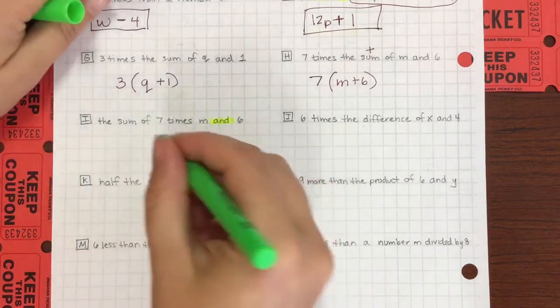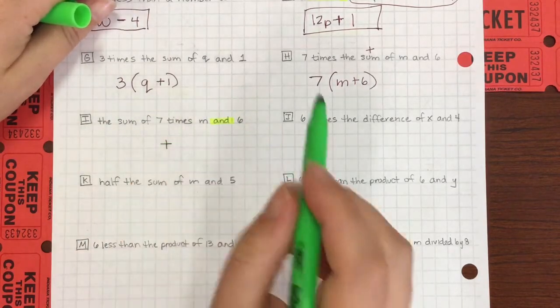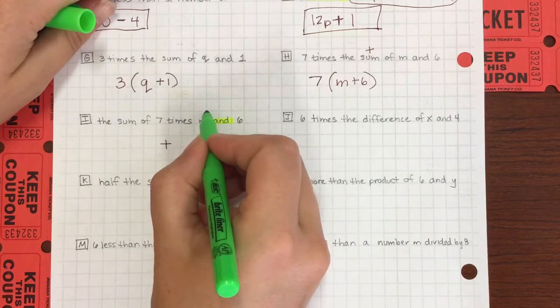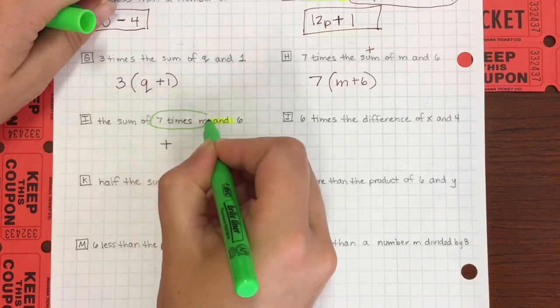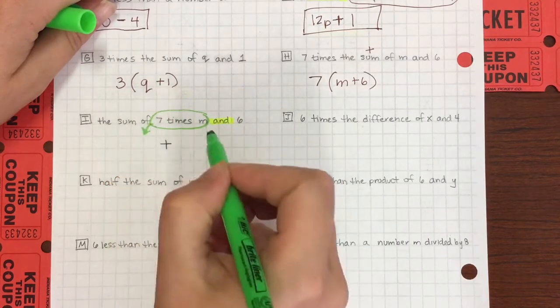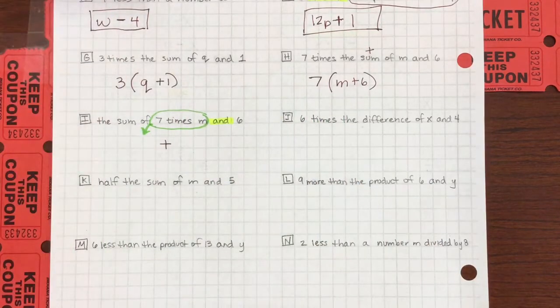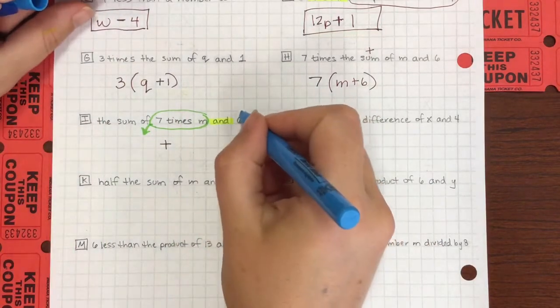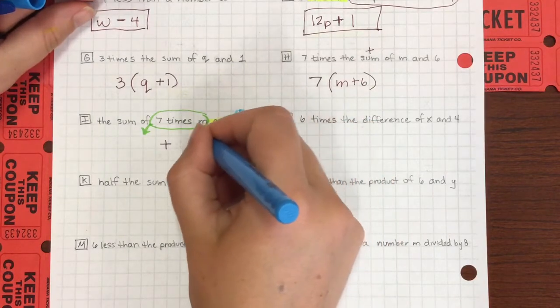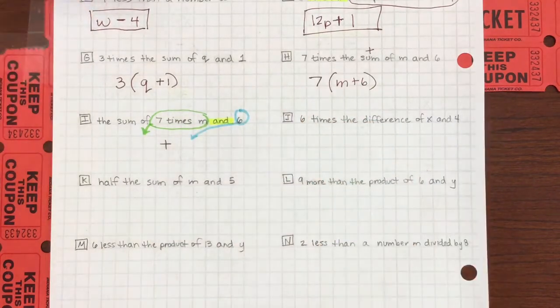So the sum lets us know that we're doing addition, right? Now, in front of the word and, that goes in front of the addition sign. And whatever is in back of the word and, that's going to go on the back side of the addition sign. So here we go.